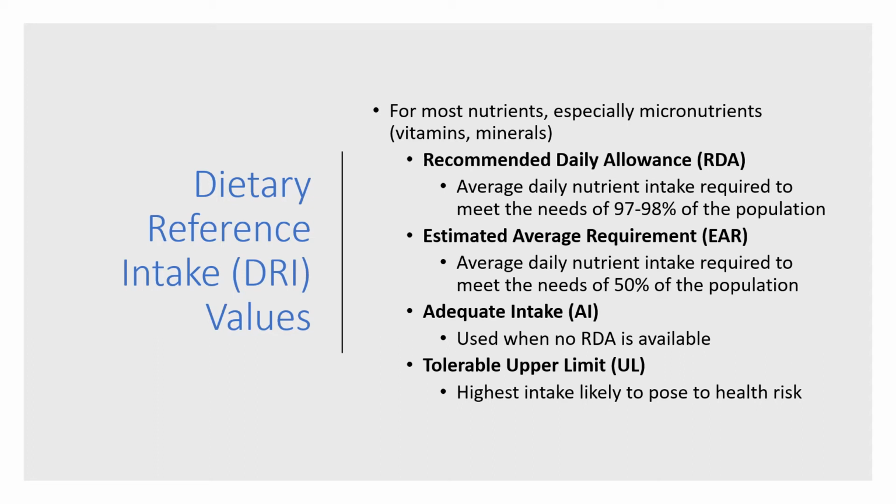So most of our micronutrients have an RDA. A lot of them also have an EAR. Some of them only have an adequate intake, and some of them also, in addition to RDA or adequate intake, have a tolerable upper limit level.